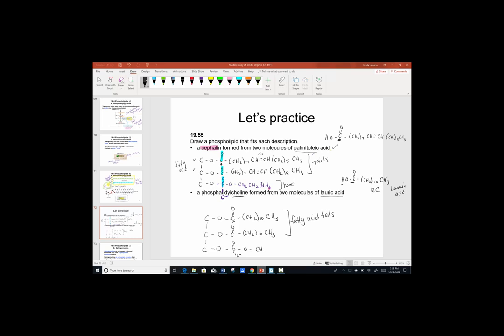I'll just jot them out, CH2, CH2, and now at the end the nitrogen has all methyl groups surrounding it in all directions. So it's N with a plus sign because it's 4 valent, 4 bonded. CH3 taken 3 times. And this is what we would refer to as the head or the polar region of the molecule.